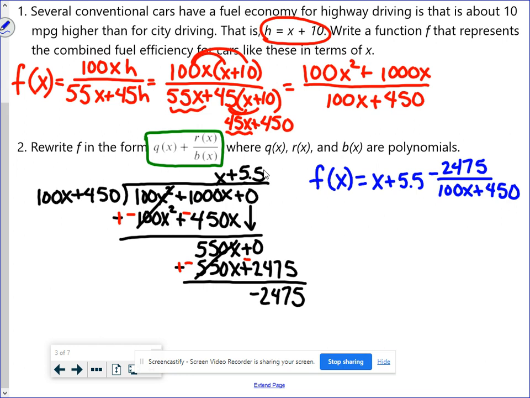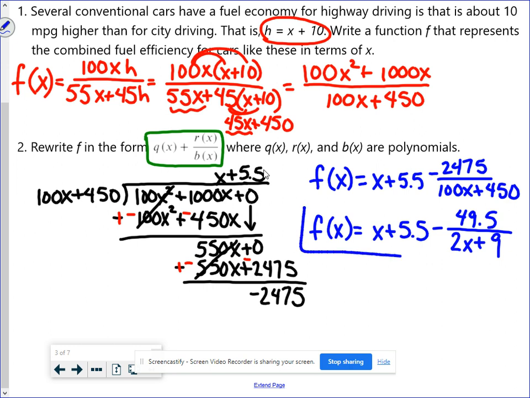That'll give me a decimal in the numerator, I know, but it'll clean it up nicely. X plus 5.5. Dividing by 50, I would get 2x plus 9. That denominator is nice. The numerator, we're going to get a decimal. It's 49.5. That's not so bad, though.